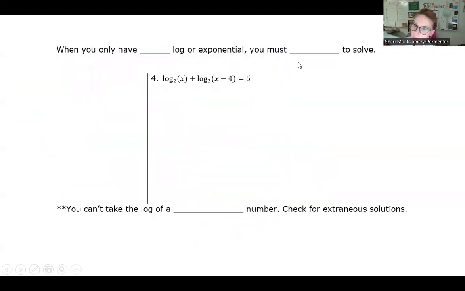All right. We are gonna regroup. The next problem.